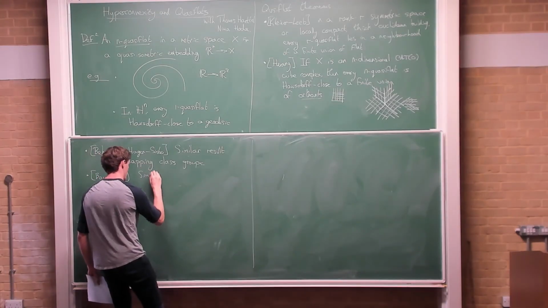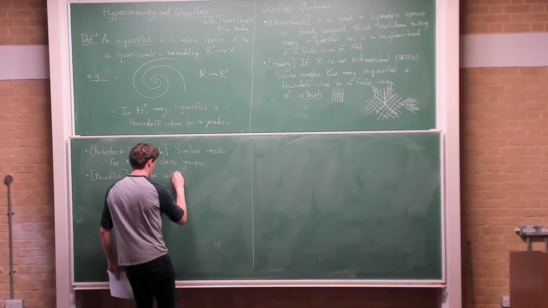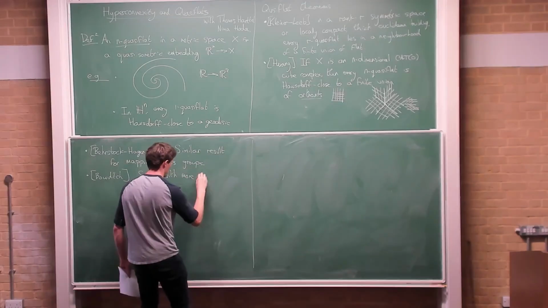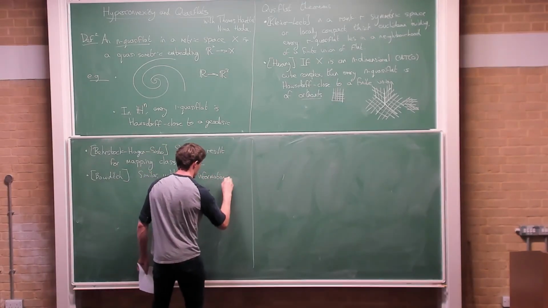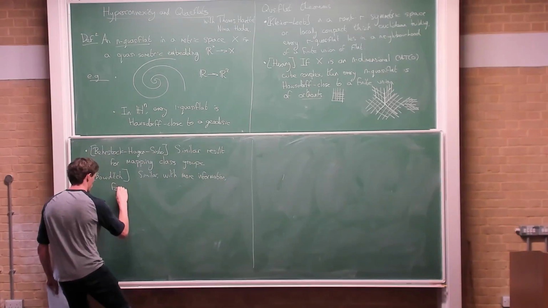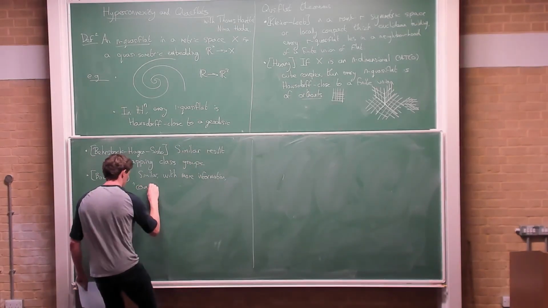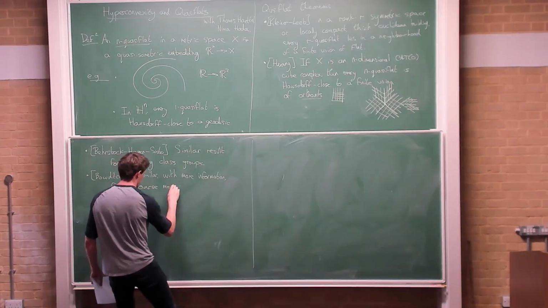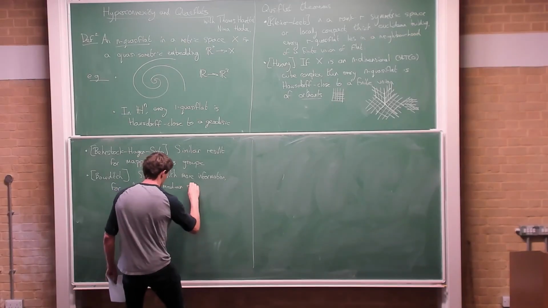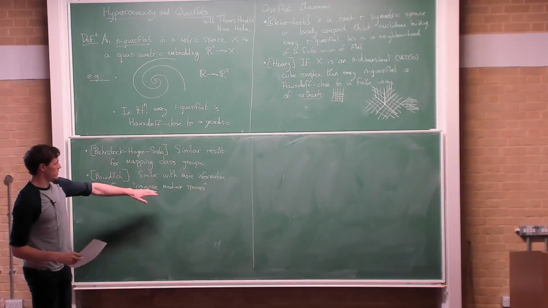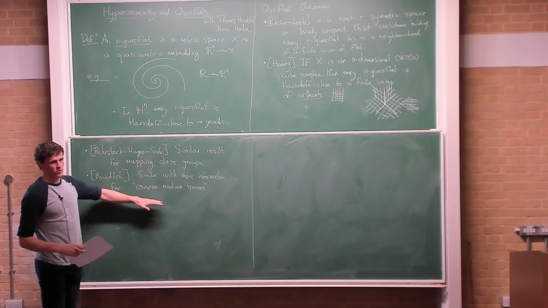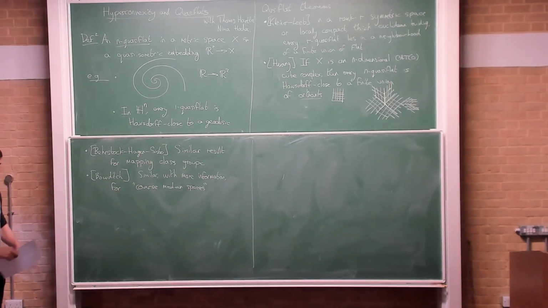Similar with more information, for coarse median spaces, which I'm not going to talk about at all. But suffice it to say that cube complexes are coarse median spaces, mapping class groups are coarse median spaces, and more things.